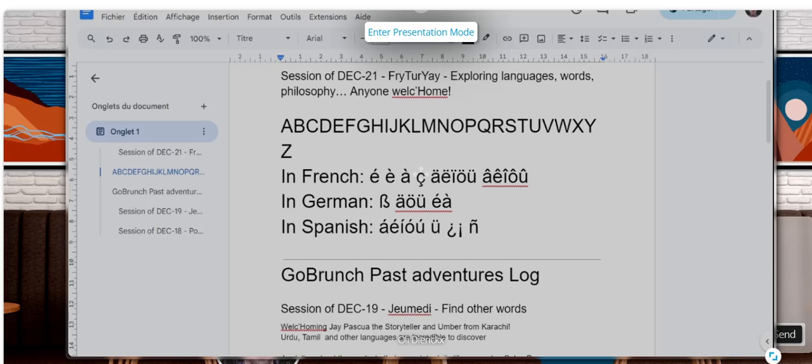And then in Spanish, there are multiple accents, but I'm going to focus on the tilde N, which is the last that you see on the line of the Spanish one. And the tilde N is to say ñ. Don't pronounce N, but pronounce ñ, like hasta mañana. You don't say hasta manana, because there is a tilde on top of the N.